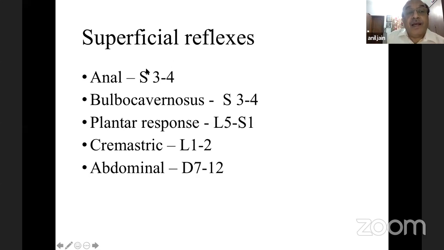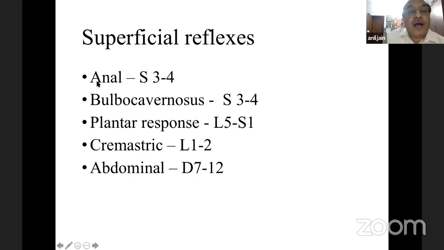Bulbocavernosus: if you give a tug on the catheter or press the glans penis, and put a finger into the anal orifice, then one could see or feel the contraction of the anal sphincter. Cremasteric: you stroke the medial side of the thigh and one gets retraction of the testicle. These two I'm just going to show by the diagrams.